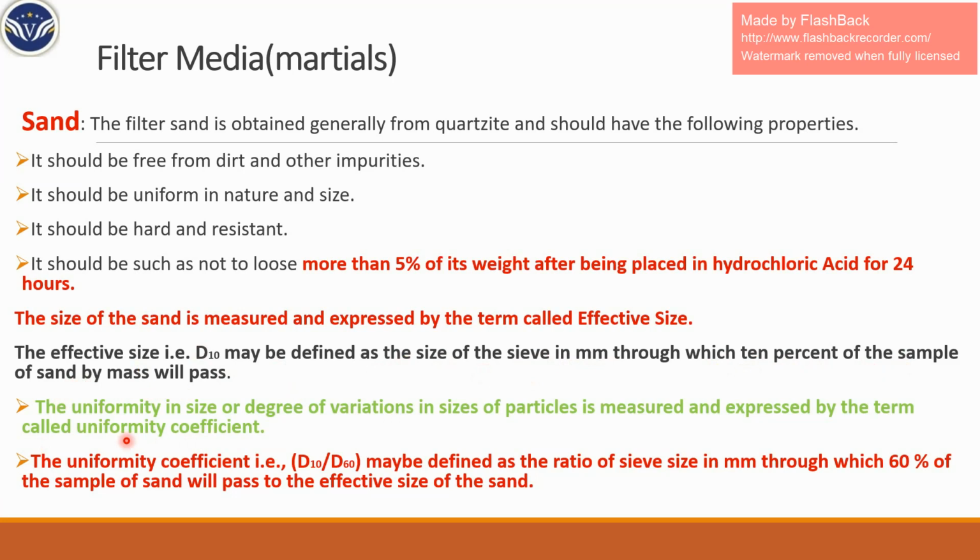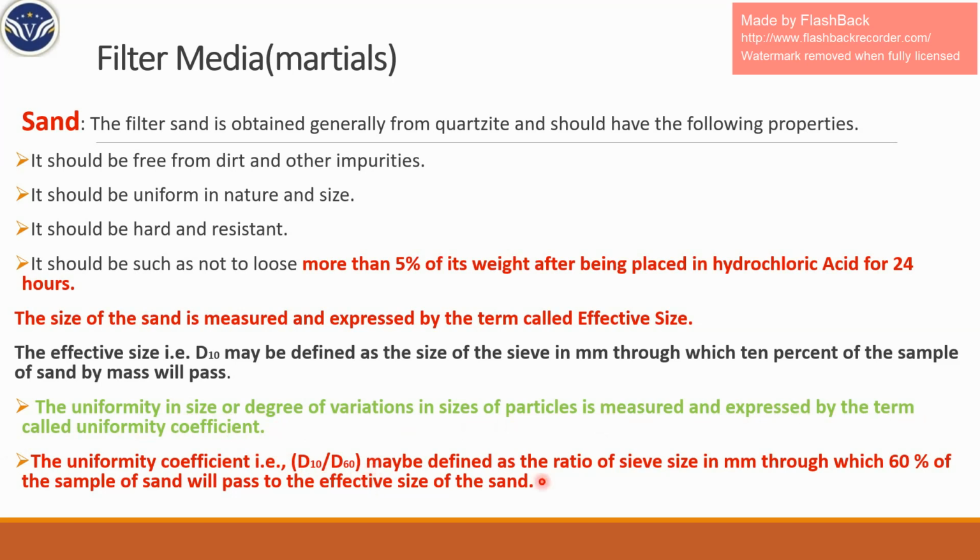I also used the word uniformity coefficient. What do you mean by uniformity coefficient? Uniformity is the degree of variation in the size of particles, measured and expressed. This is termed the uniformity coefficient. So what do you mean by D60 by D10?